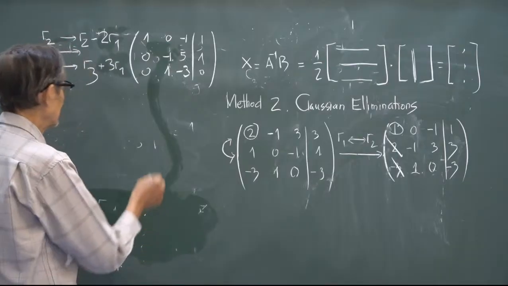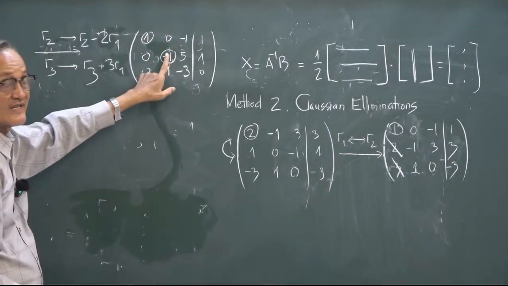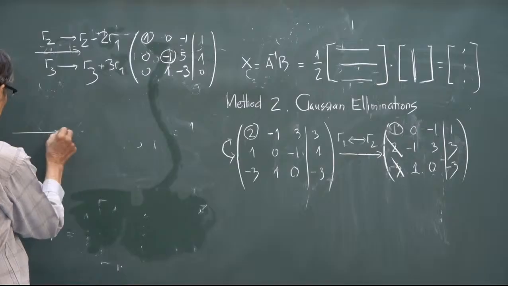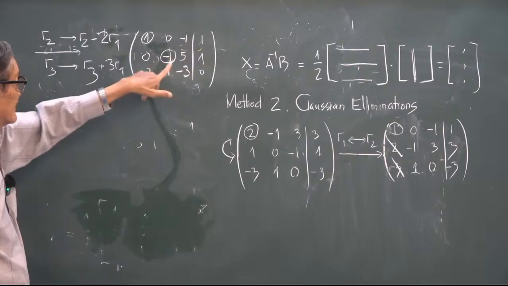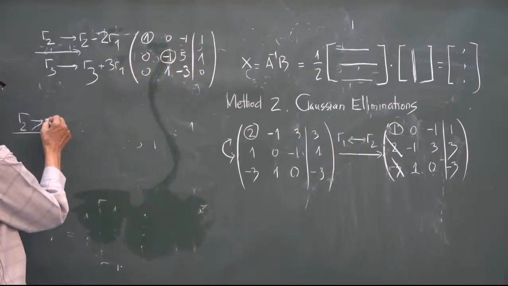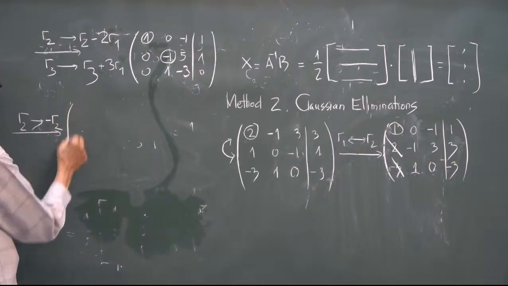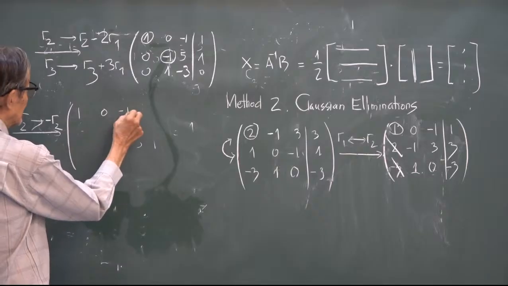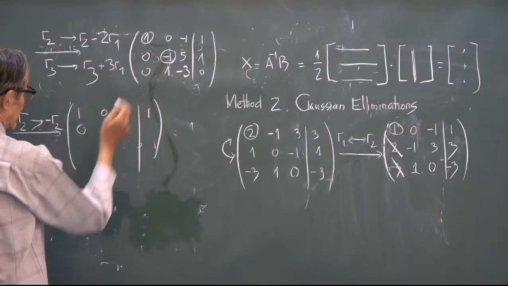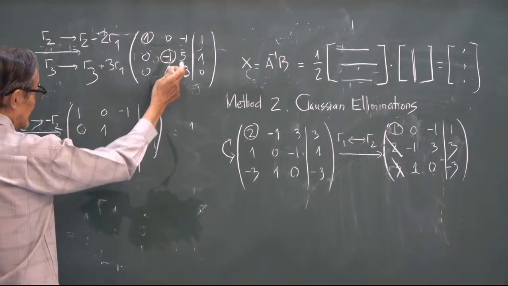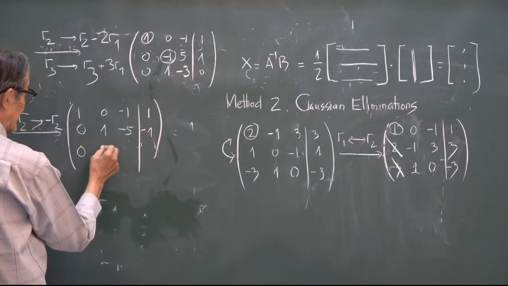Now we want number 1 here, meaning 1y. We transform row 2, which contains this number, by minus 1 row 2. Change the sign: minus 5, minus 1. Remain.